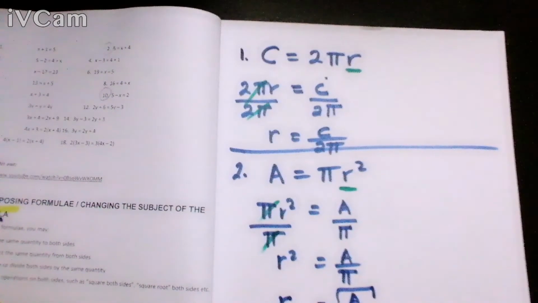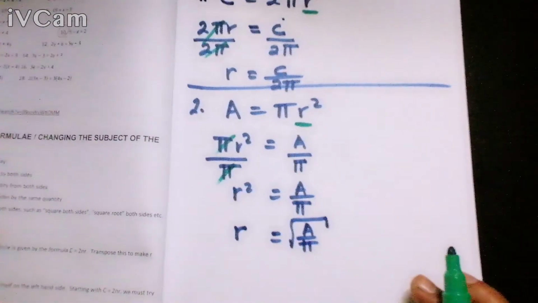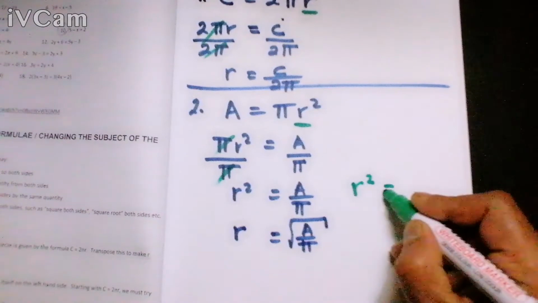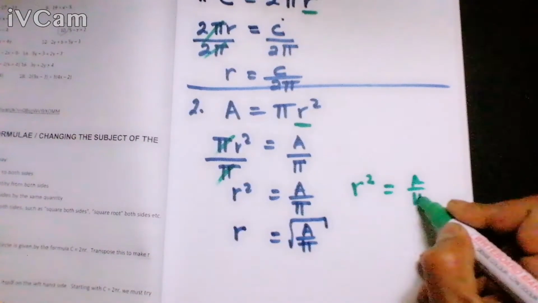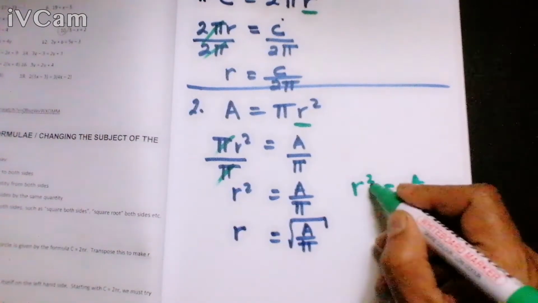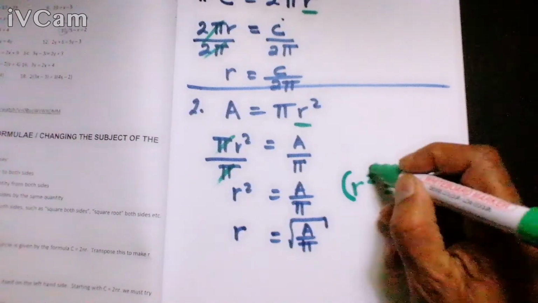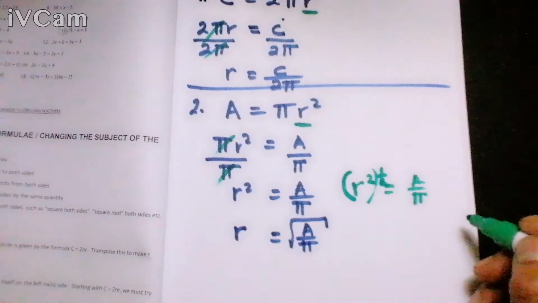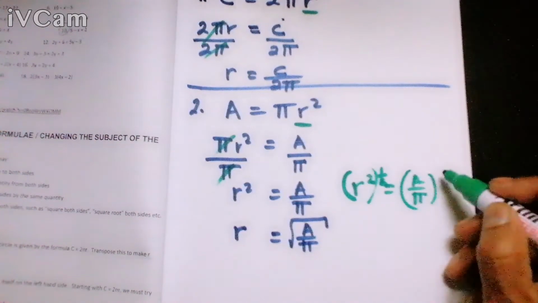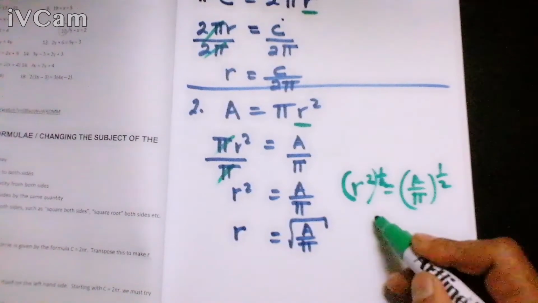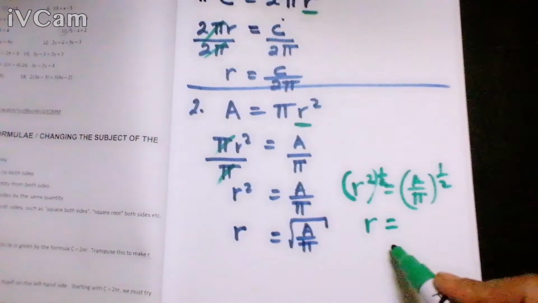Now if you look at this more carefully, r squared is equal to a over pi. To get rid of the square, what I really need to do is multiply by the power of half, which means I need to multiply the other side by the power of half as well, because 2 times half is 1, and then only I will get r.